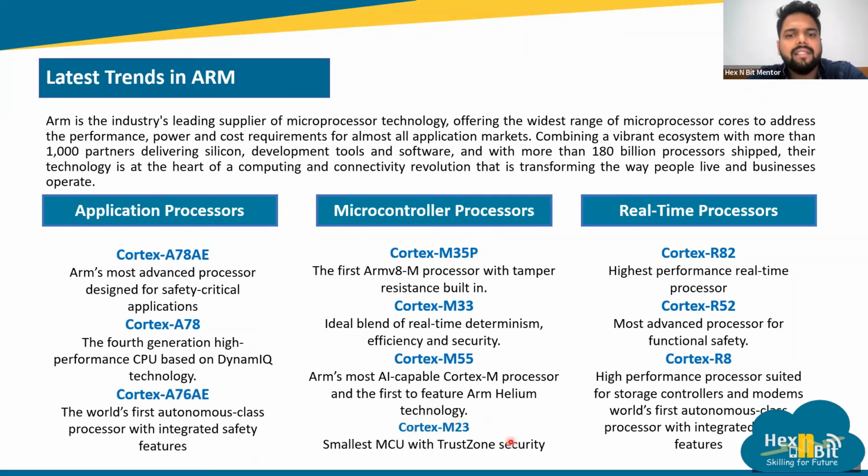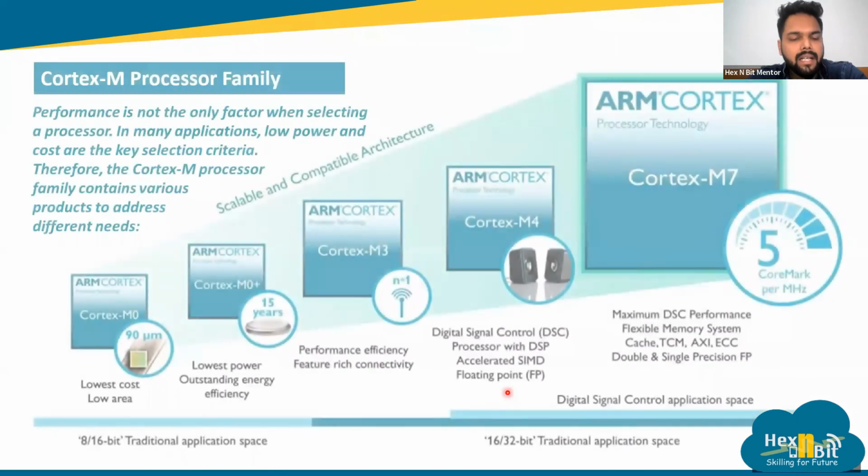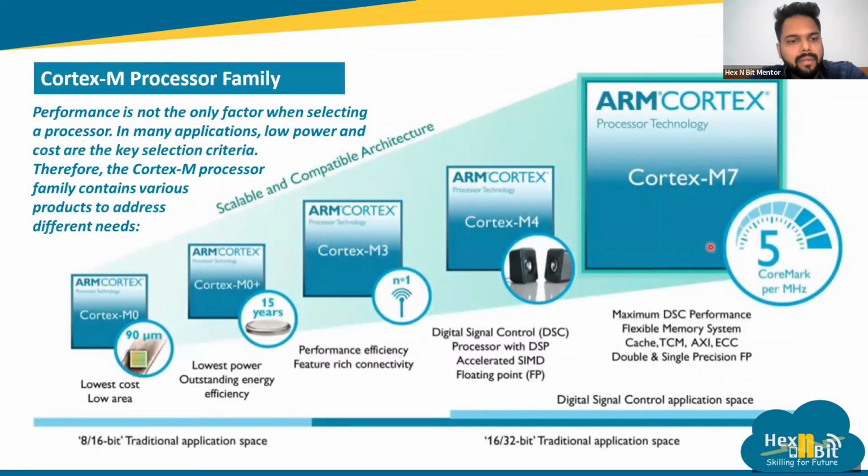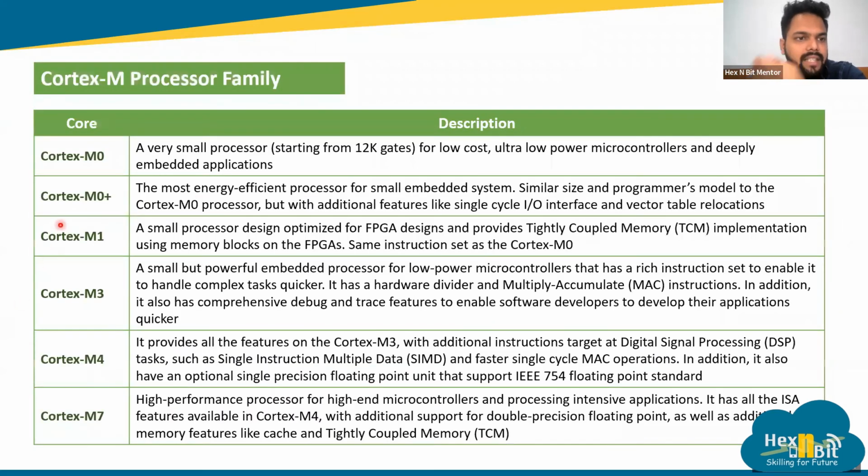And just to give you one more piece of information, this is the Cortex M0 family, which is based on 90 nanometer, and similarly it has grown from M0, M0 plus, M3, M4, and M7. Now its latest series are also included. So this is the Cortex M0 series, then M0 plus, M1, M3, M4, M7.